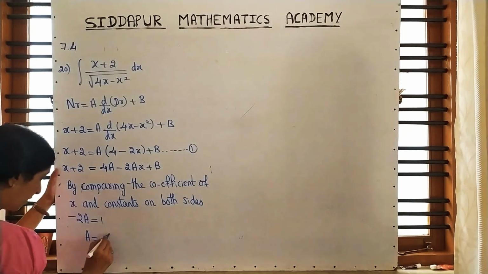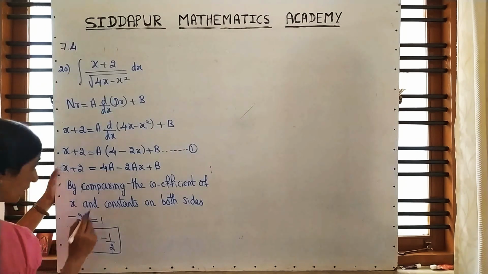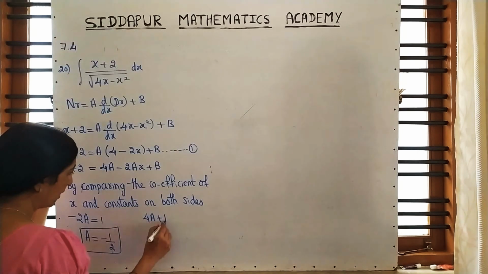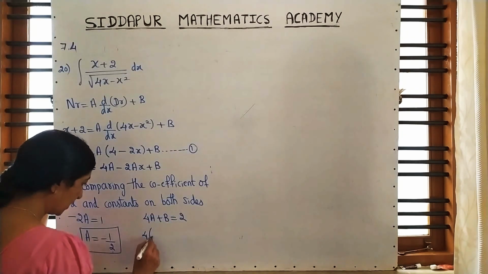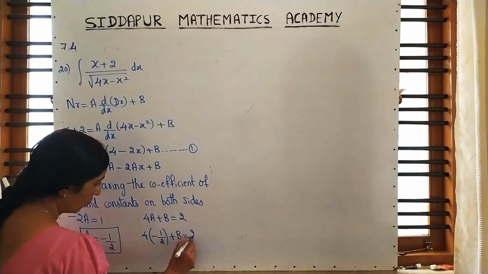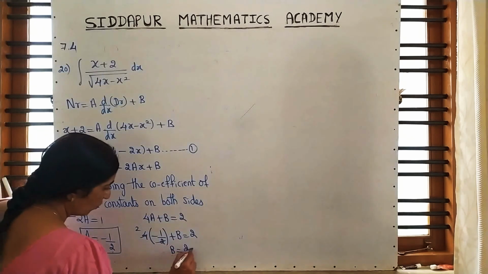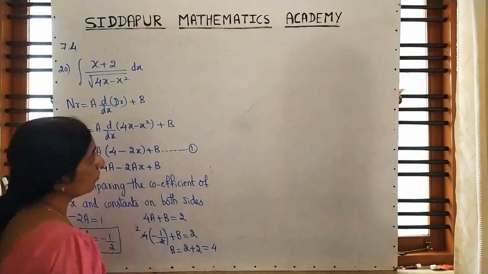So a is minus 1 by 2. Then the term without x: 4a plus b is equal to 2. 4 as it is, a is minus 1 by 2, plus b is equal to 2. So what is b? 2 plus 2, because the minus 2 goes to that side. b is equal to 4.